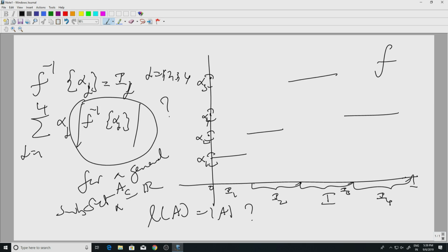So, one needs to know two things. One is a collection of sets for which a length function can be defined, which will satisfy the properties of the length of the intervals which we know. For example, if I take two disjoint intervals, the length of their union should be the sum of the lengths of the components, right.